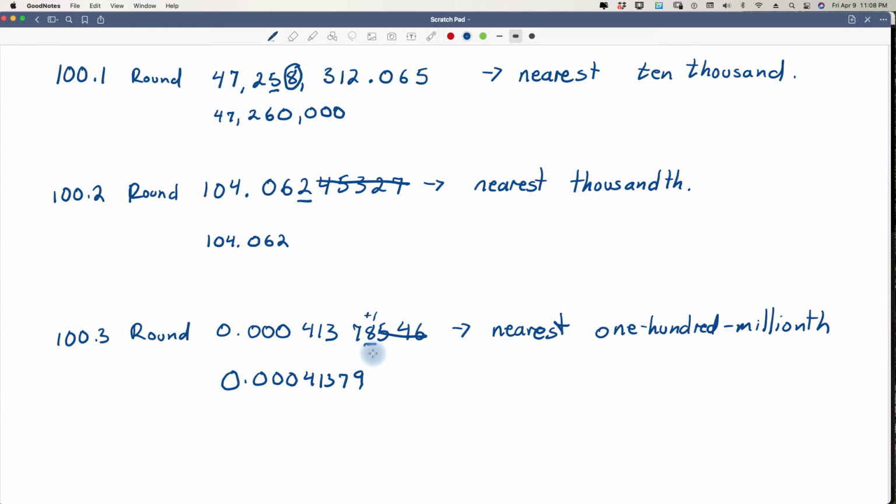Because it's over the halfway point to get from 20 to 30. That's all you're doing. You're looking to see if you're at or over the halfway point to get to that next number. And if you're over the halfway point or at the halfway point, you go ahead and round it up to the next one. It is so easy. That's all we're doing.